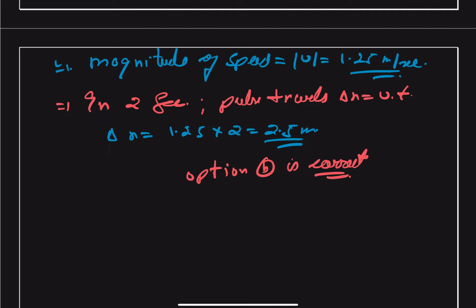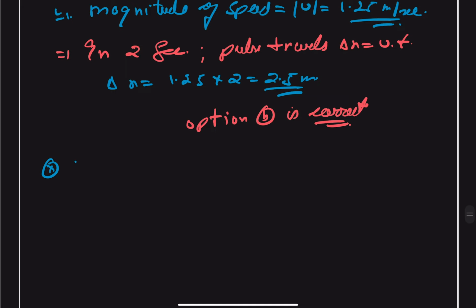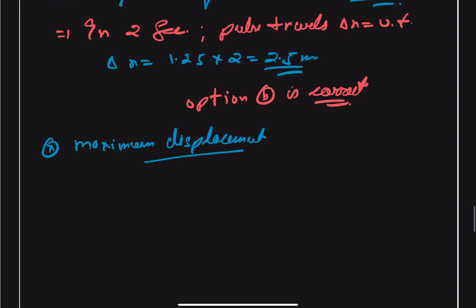Next, we are going to find out the maximum displacement. The given equation is y of x,t equal to 0.8 divided by (4x plus 5t) whole square plus 5.